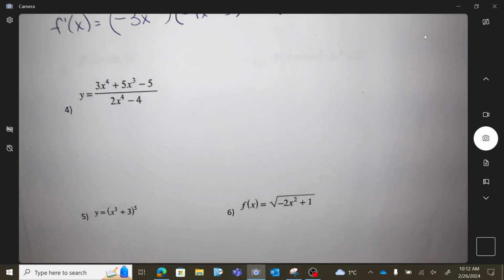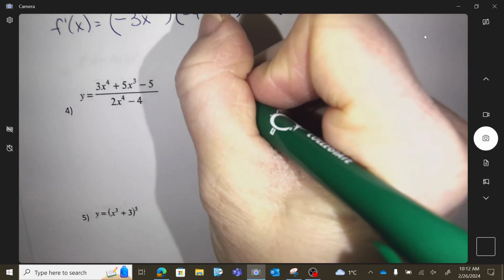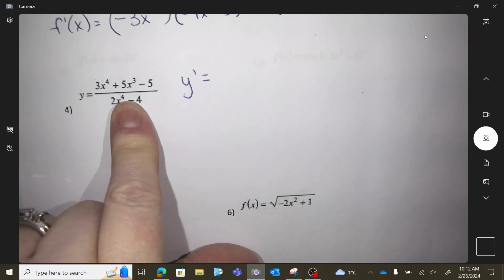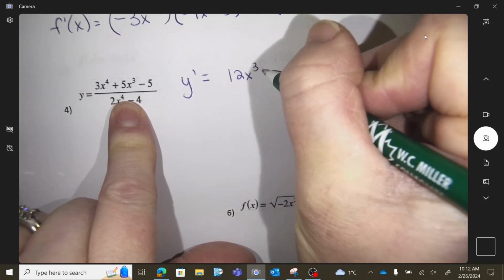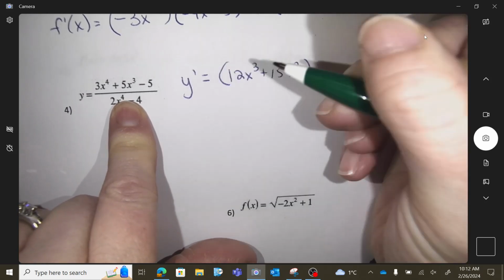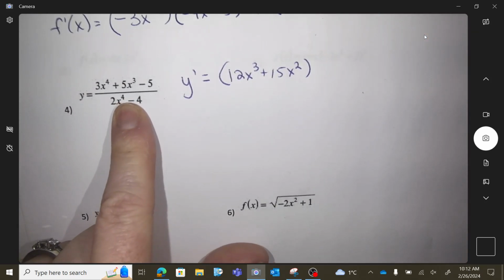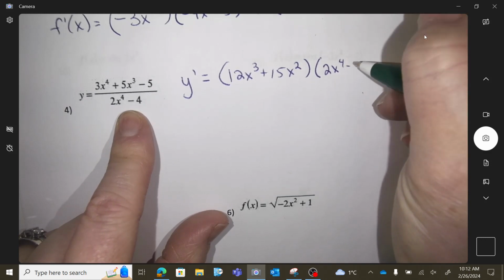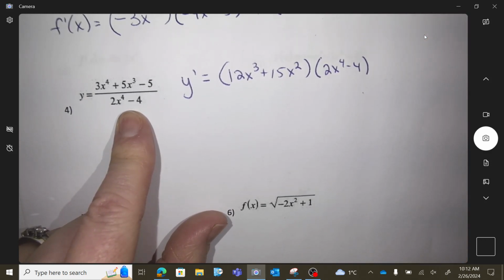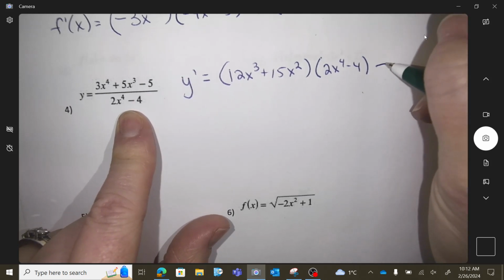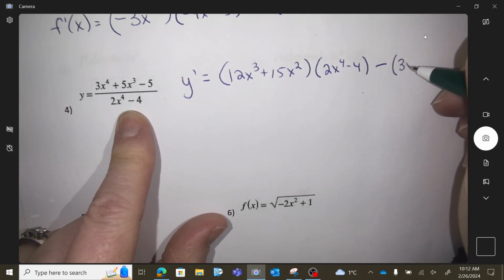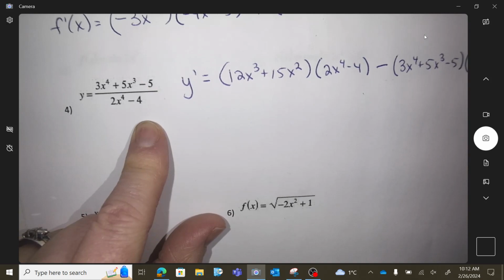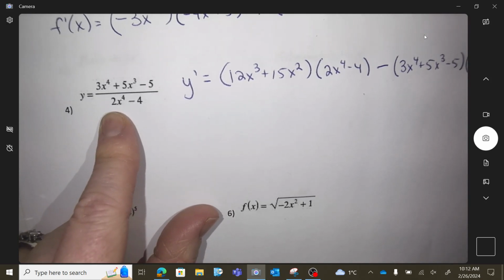Number 4. We've got division, so now we're going to do the quotient rule. Okay, so I need you to derive the top. Derive the top times original bottom, subtract original top, derive the bottom.